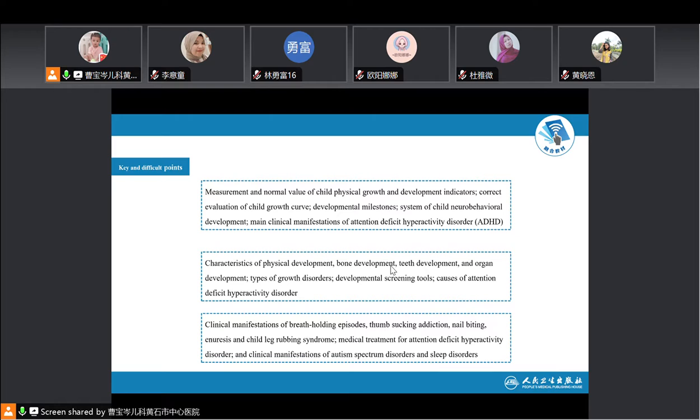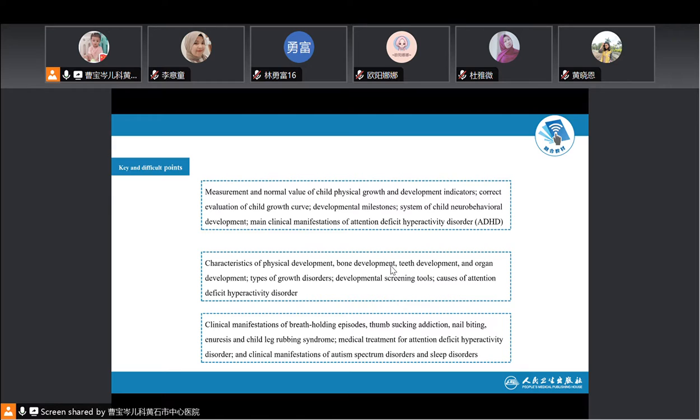Second, the characteristics of physical development, bone development, tooth development, and organ development, and types of growth disorders.